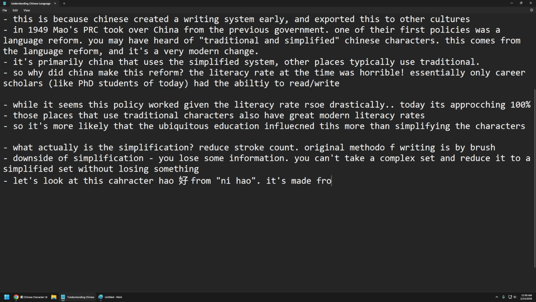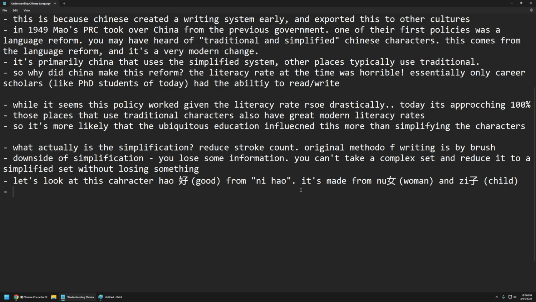It's made from nu and zi. So this one means good, by the way. This one means woman. This one can mean child. So this is a compound character made from squishing these two together.